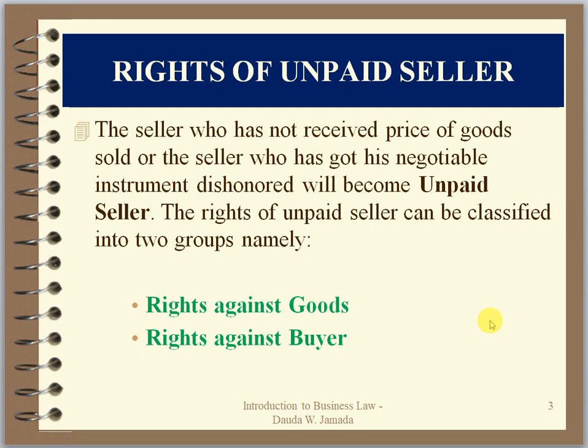So at this moment, the seller is unpaid. What are some of the rights that the seller has? If somebody takes goods from your shop or your business, and the person has not paid for that good, you have the right against the good itself, and also you have the right against the buyer, the person who has actually taken the goods from your business.